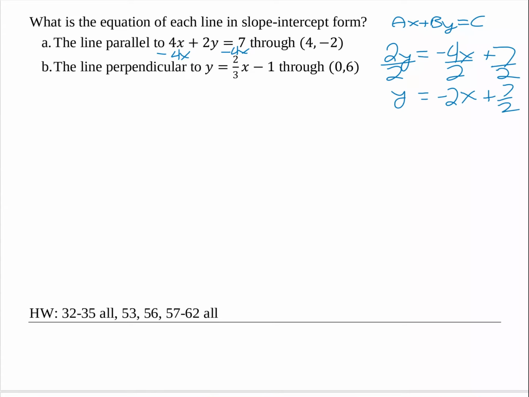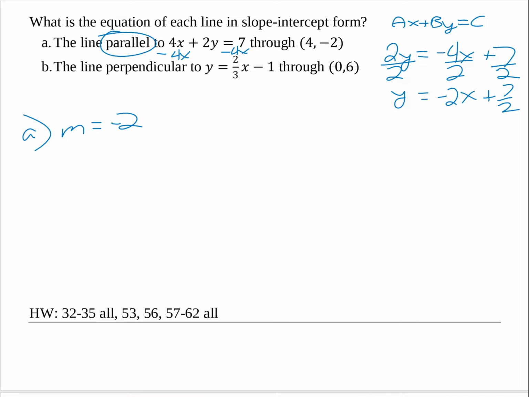Also -2, because we want the line parallel. Okay? So for part A, I'm going to write m equals -2. I took that work to figure that part out, and now, on a test or something, I'm going to get 1 point because I just figured that out.